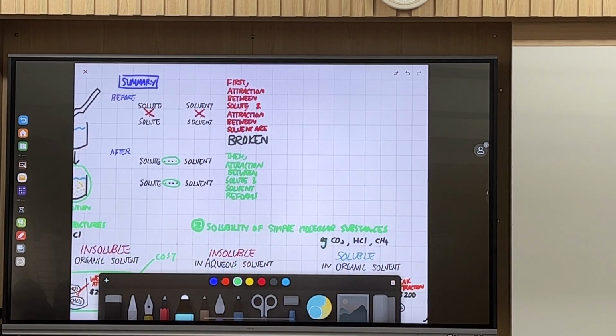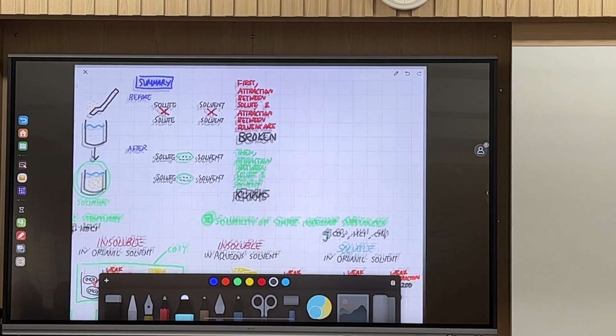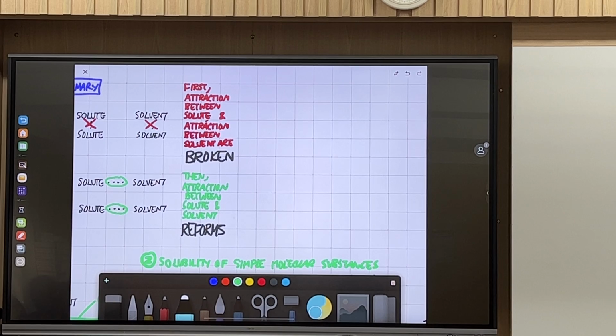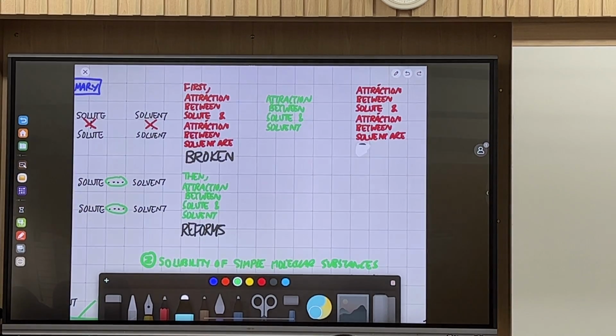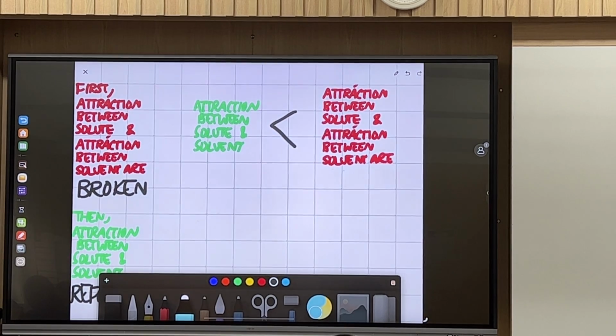So if the green attraction is weaker than the red attraction, it will not dissolve. If the attraction between solid and solvent is smaller than the attraction between the solids or the attraction between the solvents, then the substance will not dissolve.